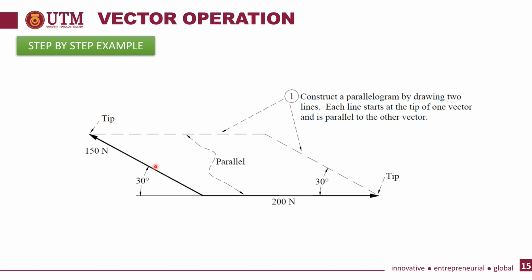Here it has been given the angle of 30 degrees, which is the angle between the 150 Newton force and the 200 Newton force. So 30 degrees here will also be similar to here, 30 degrees, because the line is parallel. So the angle must be similar.